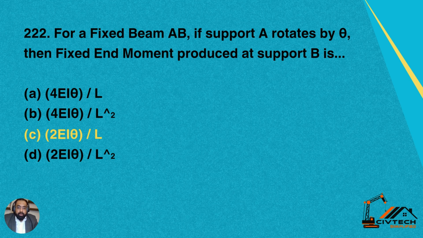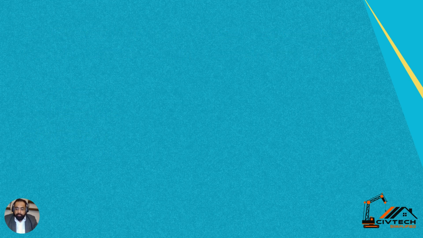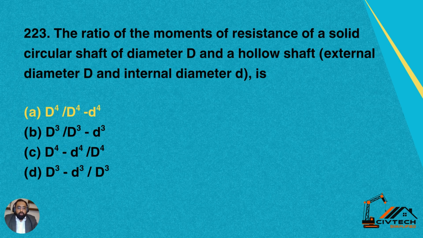If support A rotates by phi, then fixed end moment produced at the other point, support B, is option A 4 EI phi over L, option B 4 EI phi over L square, option C 2 EI phi over L, option D 2 EI phi over L square. So yes, C is the correct answer, 2 EI phi over L.